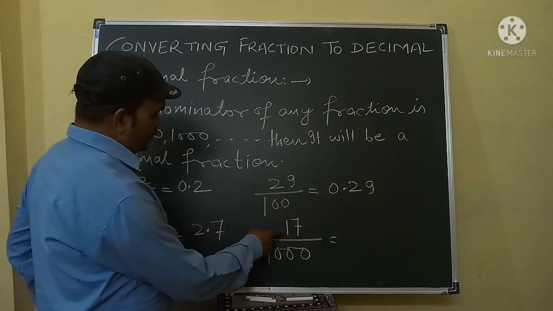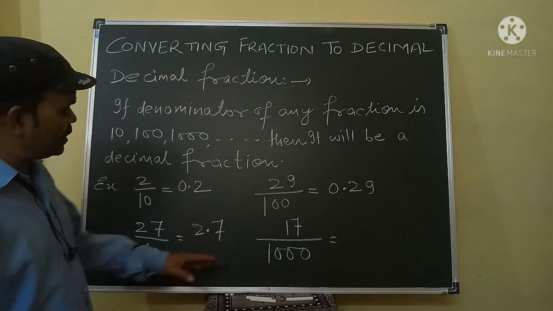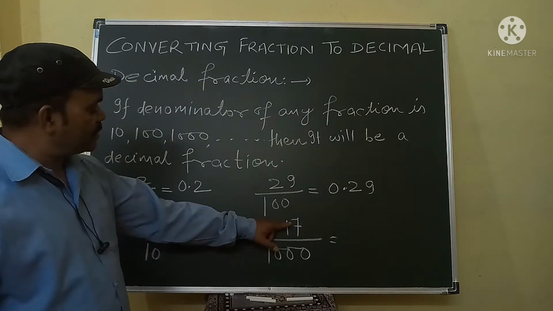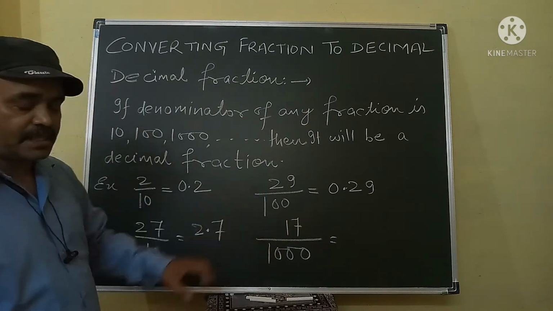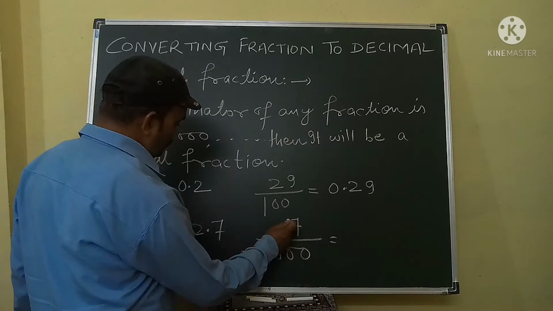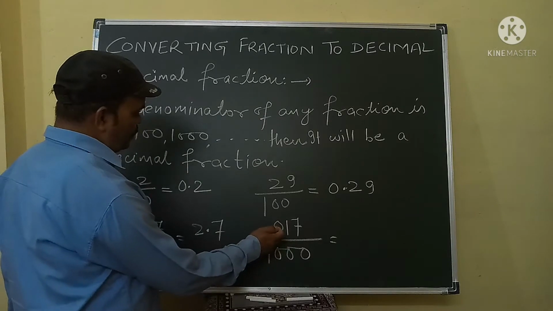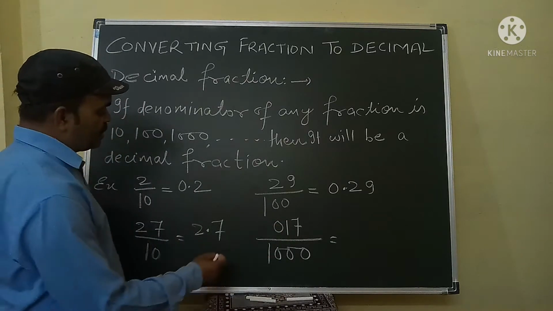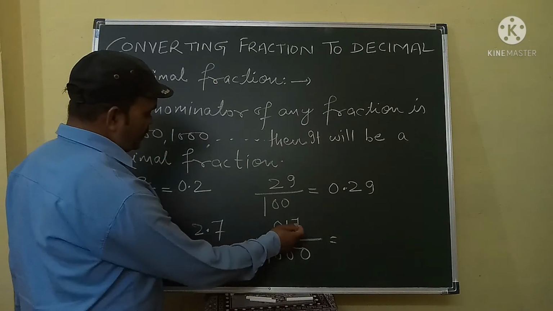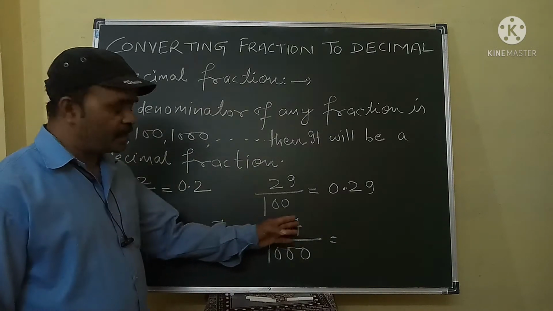In 17 the number of digits is 2, but the number of 0 is 3. So we will easily convert 2 digits to 3 digits. How? Before 1 we will put a 0. That means this is 017. 017 means 17. 17 or 017, both are the same.